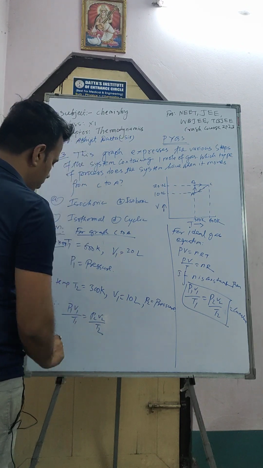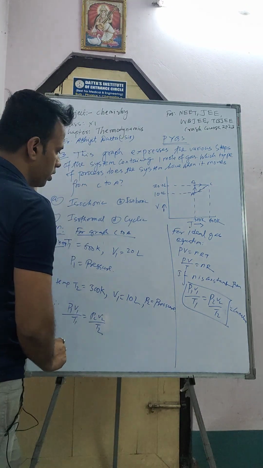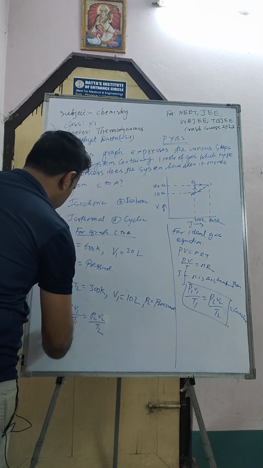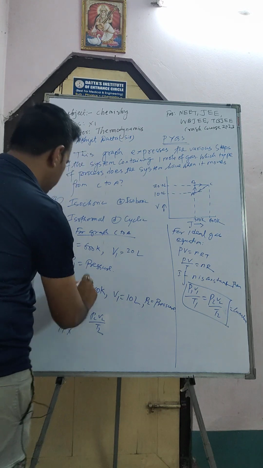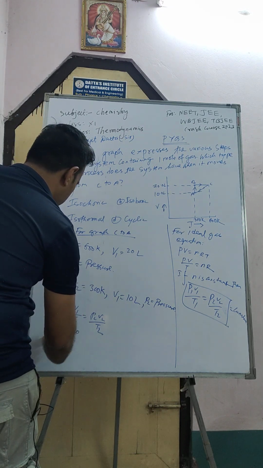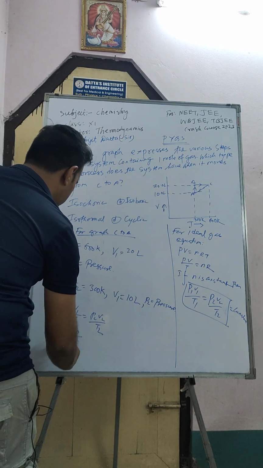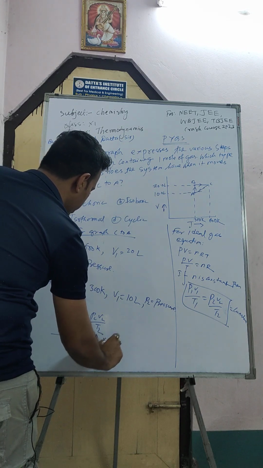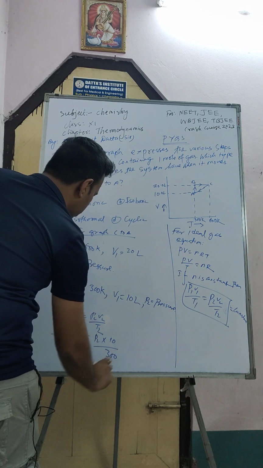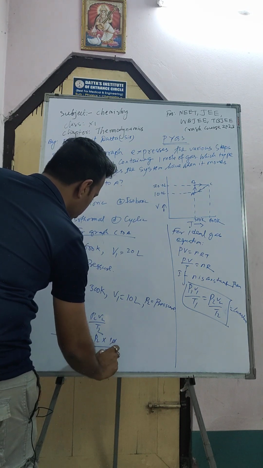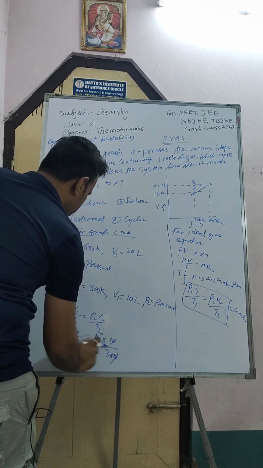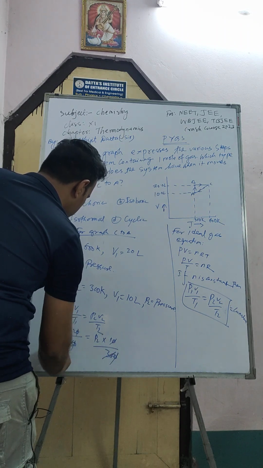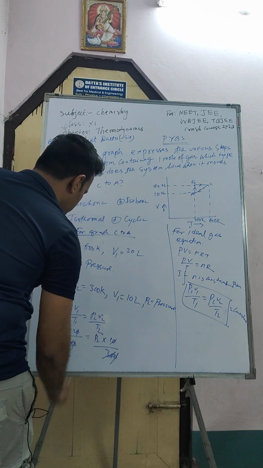See, use the formula here. If you use the formula, you will get P1, V1 is 20, and T1 is 600. Here P2, and V2 is 10, and here is 300. Okay, this one and this one will be cancelled. If I cut this part by this, it will be 2, and 2 will be cancelled.